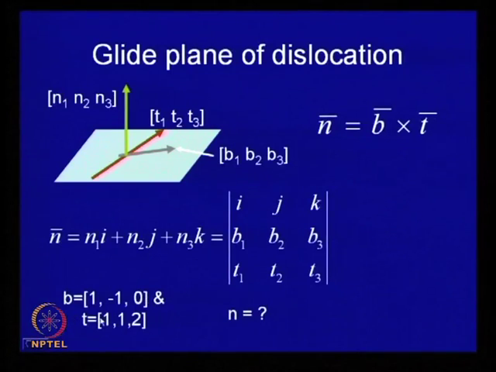Now, let us look at the case where B is equal to 1 bar 1 0, and this direction T represents the Miller indices 1 1 2. In that case, what will be this glide plane? You can simply substitute and find out the determinant, and in fact, possibly this was done in the last class.